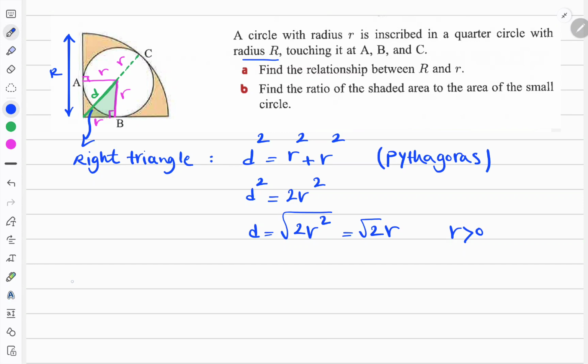Okay, so R equals d plus the radius of the small circle.